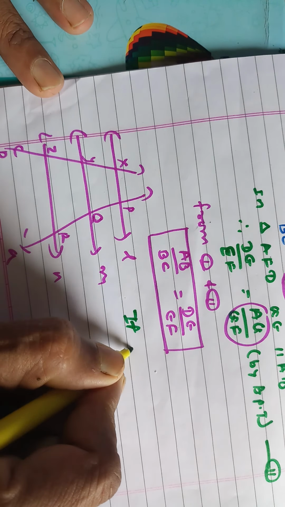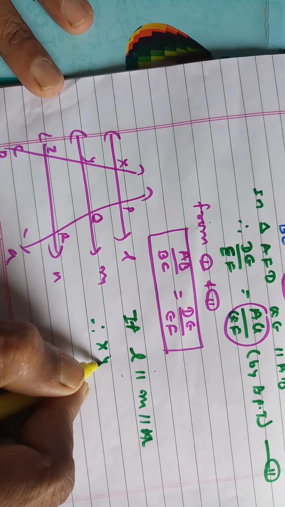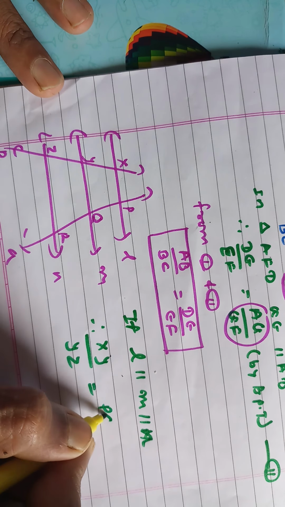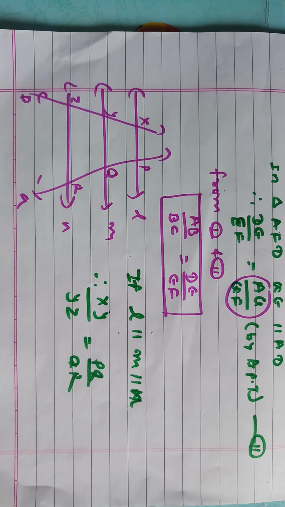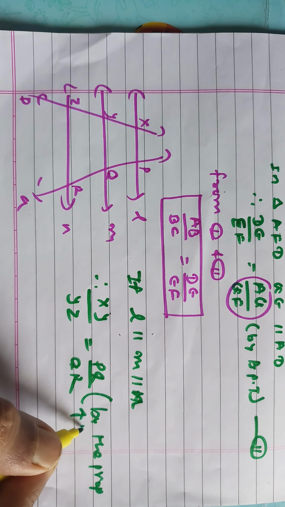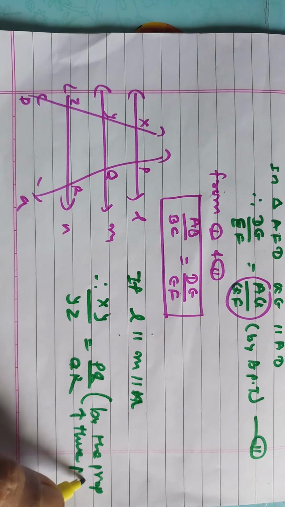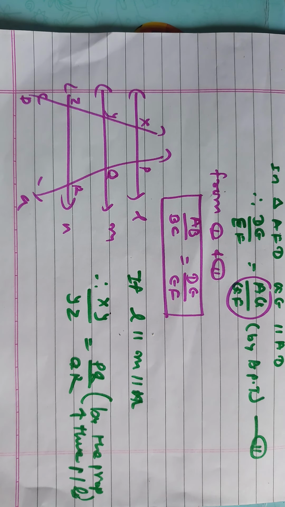If L is parallel to M parallel to N, therefore XY upon YZ is equal to PQ upon QR, by the property of three parallel lines. Out of these four segments, if we have the length of any three segments, we can calculate the length of the fourth segment.